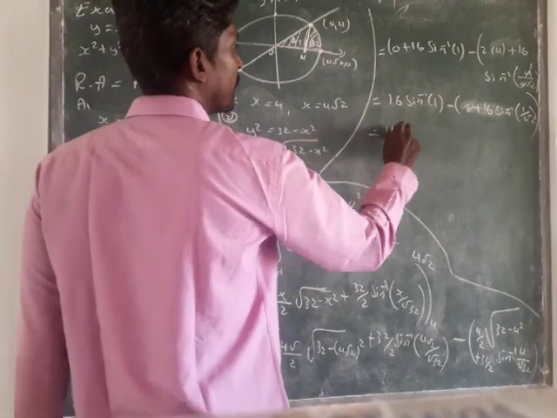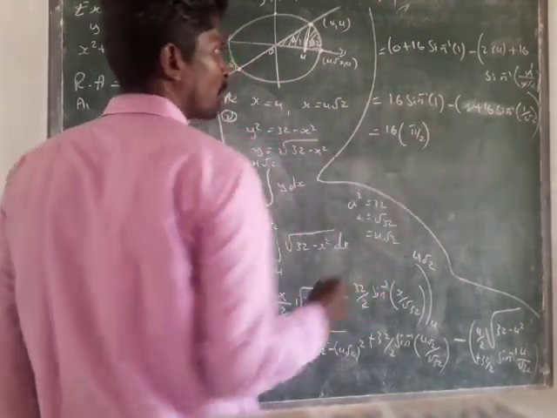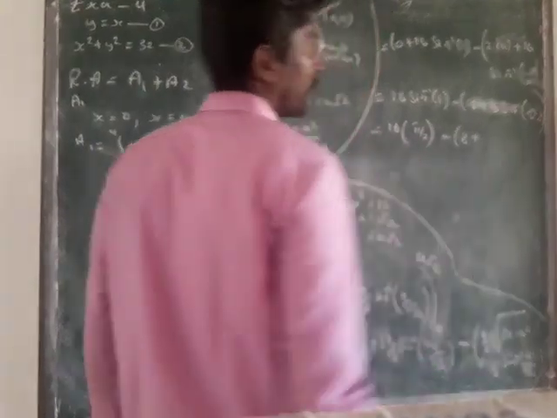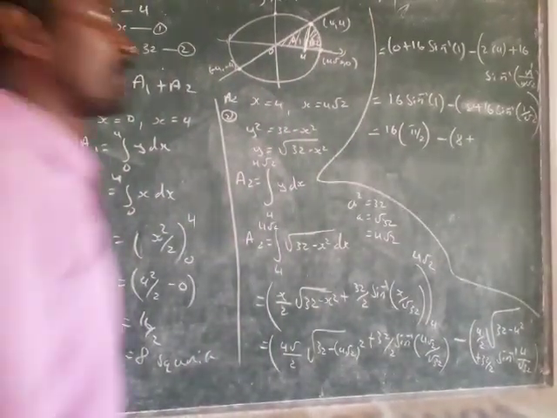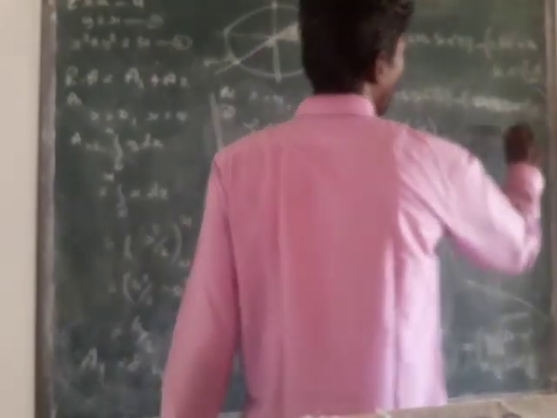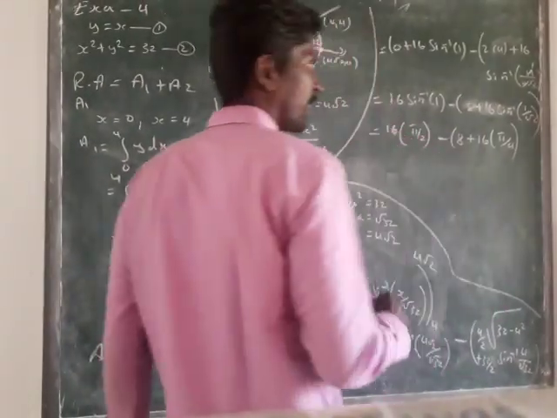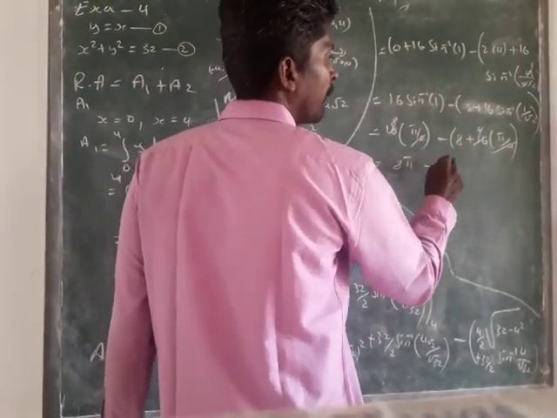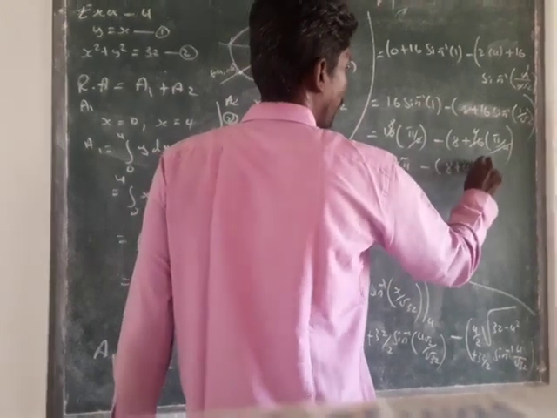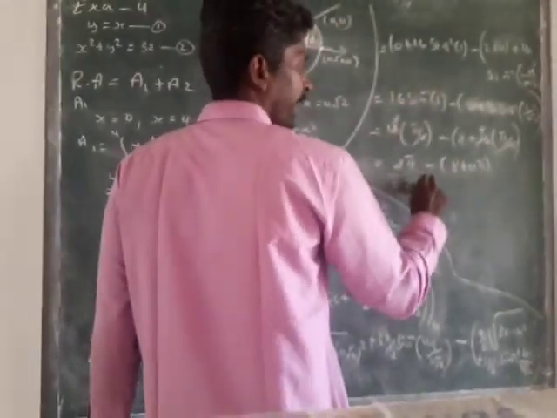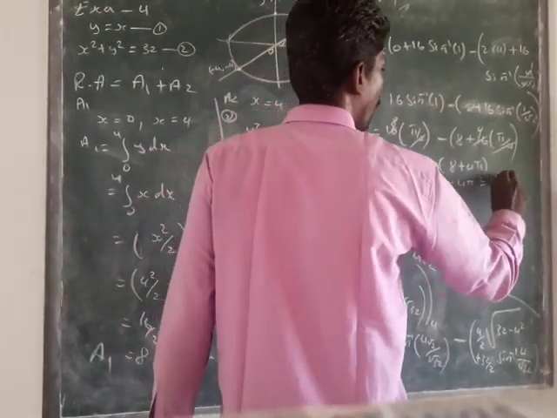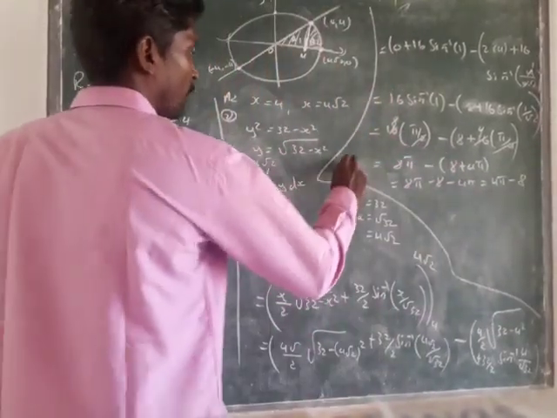Now 16 times sine inverse of 1 is pi by 2, minus 8, plus 16 times sine inverse of 1 by root 2, which is 45 degrees, pi by 4. Eliminating the 4, 8 times pi minus 8 plus 4 pi. Now multiply inside: 8 pi minus 8 minus 4 pi equals 4 pi minus 8. This is the A2 value.